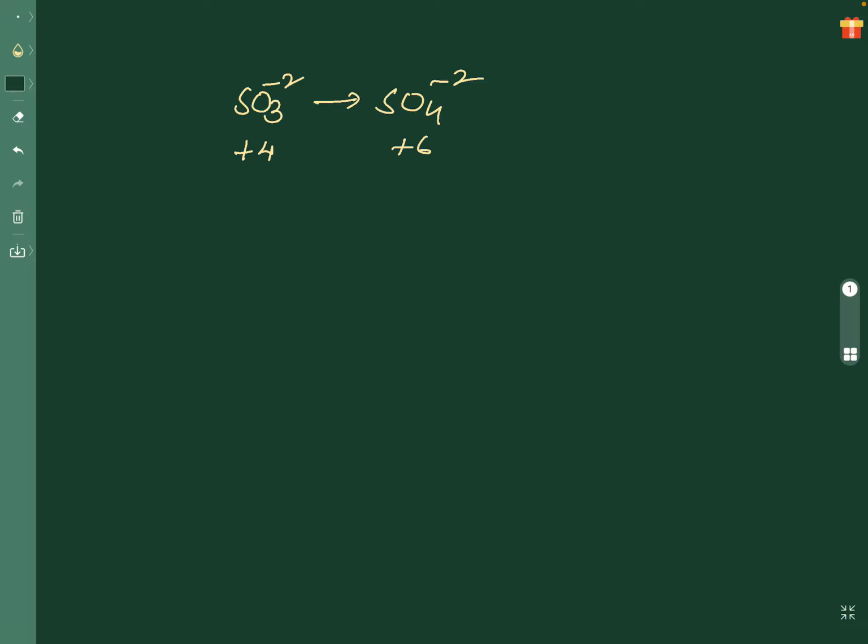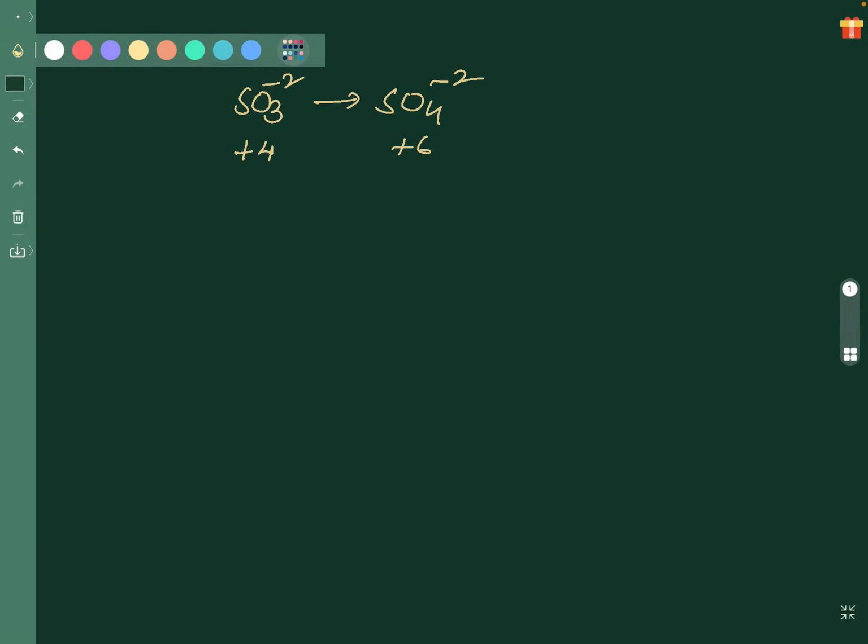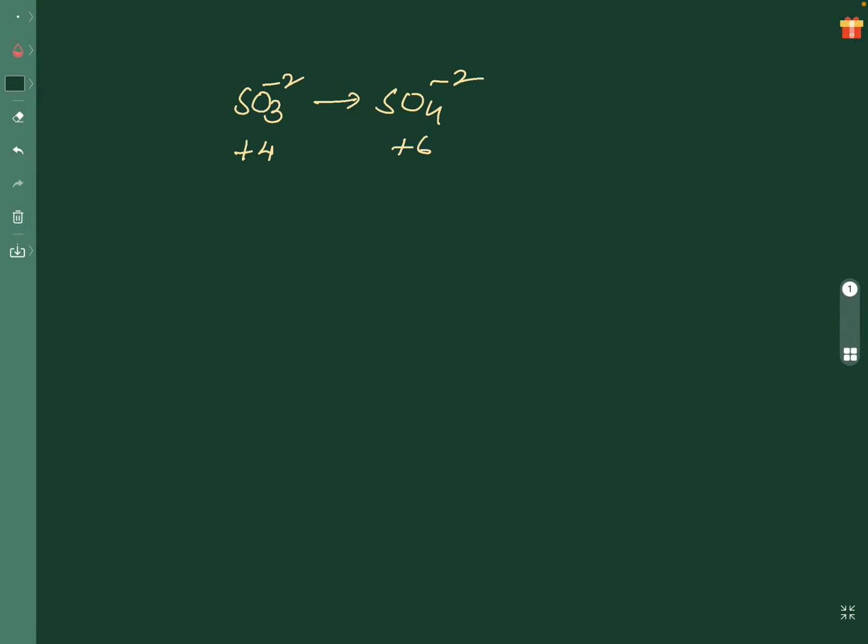I am giving you all the details, so just look at this very carefully. Example: sodium sulfite, Na2SO3, plus hydrogen peroxide will give you sodium sulfate, Na2SO4, plus water. Sulfite converted to sulfate. Simple. Then arsenites to arsenates.